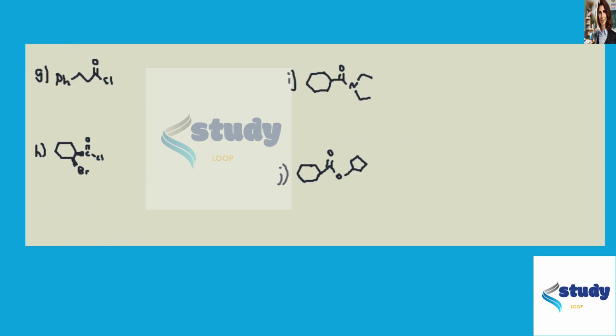So then for G, we know that this is going to end in chloride because it's an acid chloride. And then we just need to name it by the chain. And so if the carbonyl carbon is 1, it's going to be 1, 2, 3. So there's a phenyl substituent on 3.